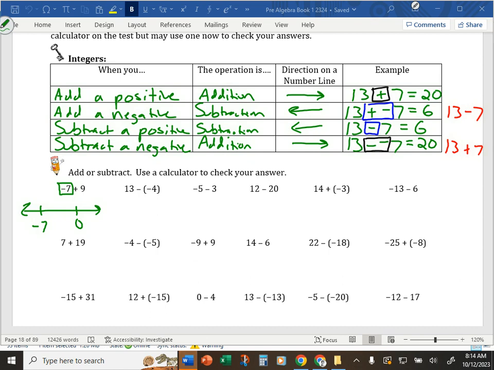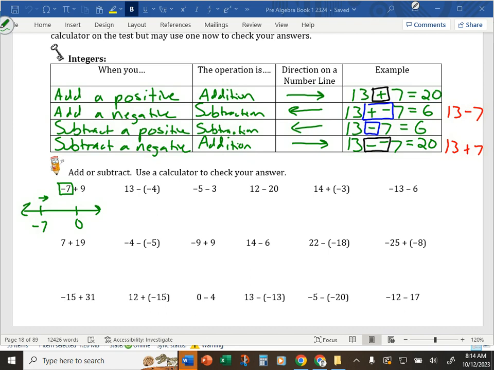The operation, what comes between the numbers, is addition, which means which direction are you moving? To the right. How many times? 9. You're starting at negative 7. You're going to the right 9 times. What number will you stop at?